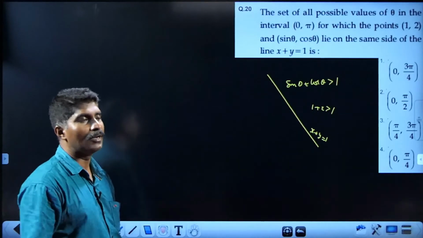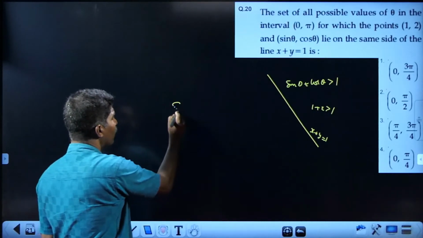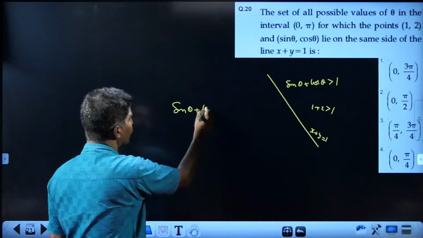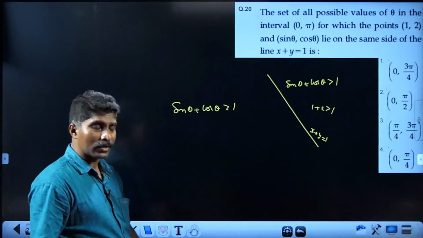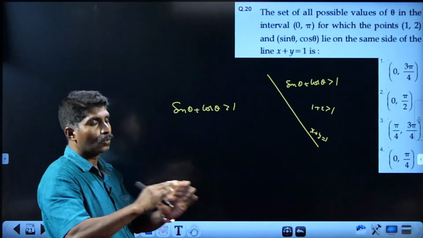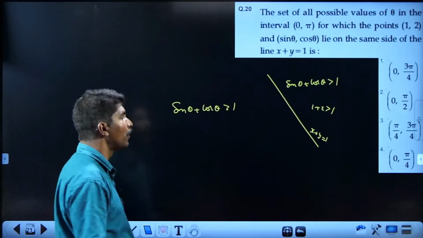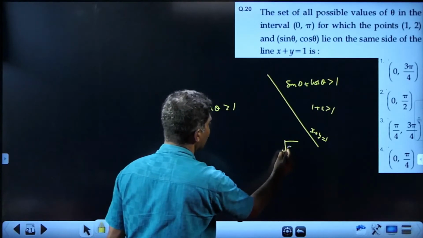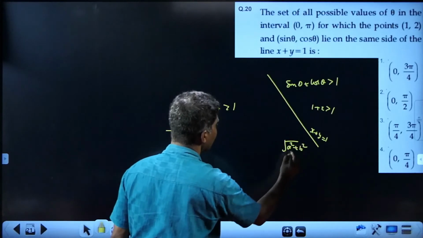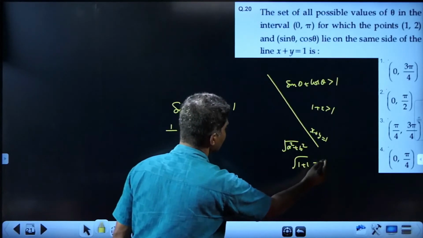Same sign will be there. So our inequality is sin theta plus cos theta greater than 1. Multiplying and dividing by root 2, so simply you can divide by root of a square plus b square, you know it. A and b are 1. Root of 1 plus 1, that is equal to root 2.